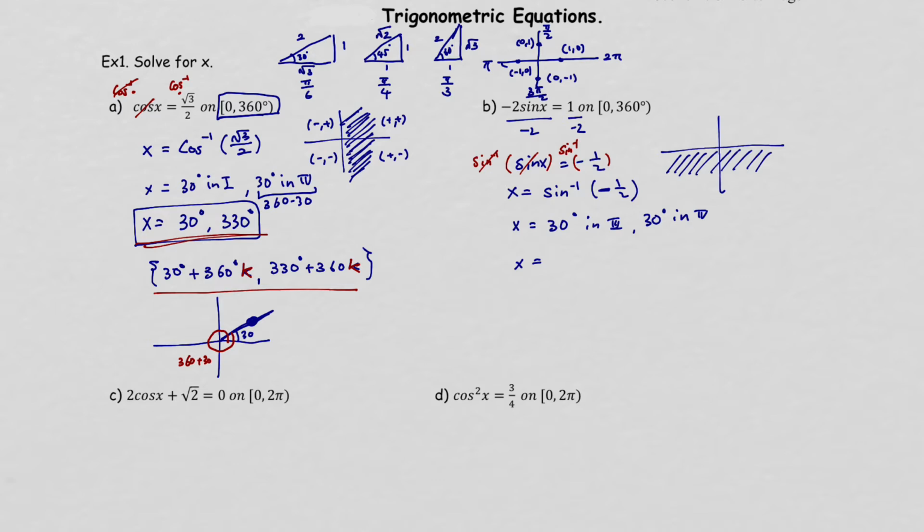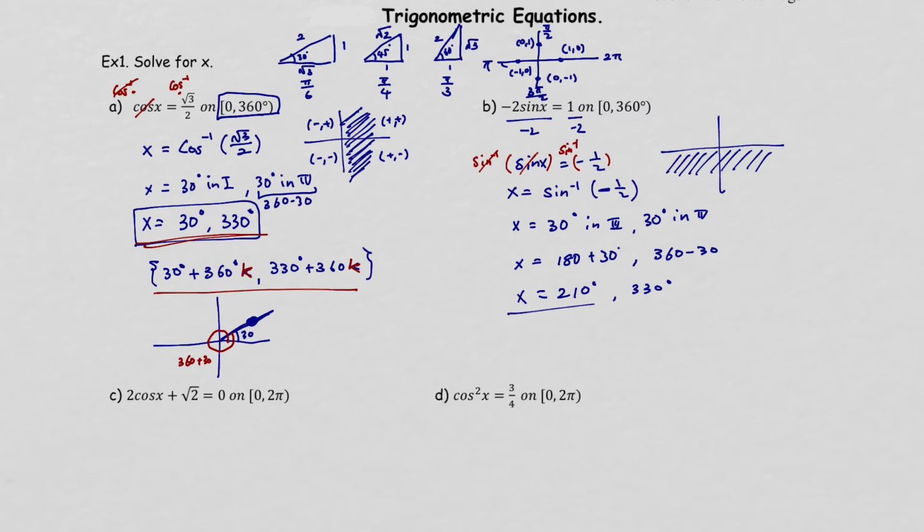In order to find 30 degrees in third quadrant, you do 180 plus 30 degrees, which is going to be 210. In order to find 30 degrees in fourth quadrant, you do 360 minus 30. So that gives you 330 degrees.